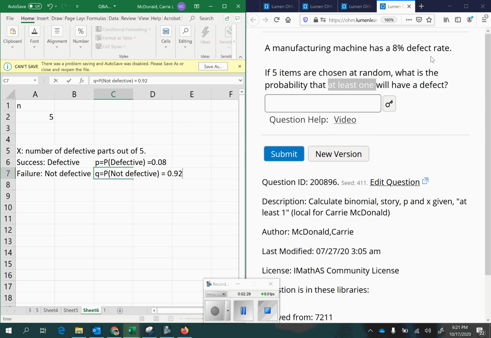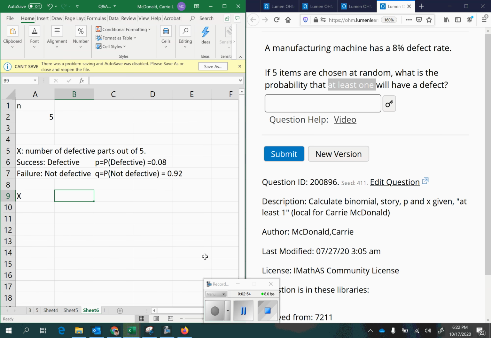So we would have 0.92 probability of failure. Okay, so what I've just done is I've figured out that we have a fixed number of trials, we have only 2 possible outcomes per trial, and we have a constant probability of success from trial to trial with independent trials. So this is binomial, which means I can find probabilities using the binomial distribution formula.